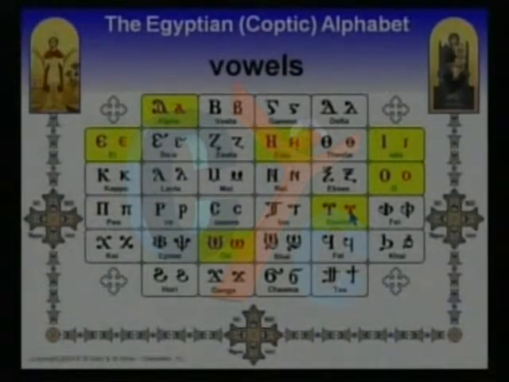It is E also. So the vowels in Coptic involved these 7 letters.